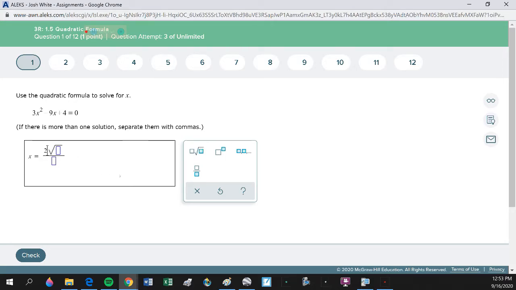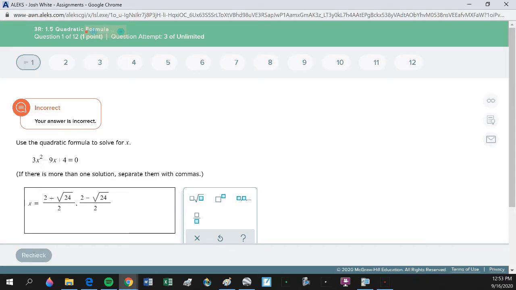So 2 plus the square root of 24 divided by 2, and then comma, and then we do the same thing. And I would write 2 minus the square root of 24 over 2. So there is no plus or minus button here. If you have two answers, you need to type them in separately with a comma.